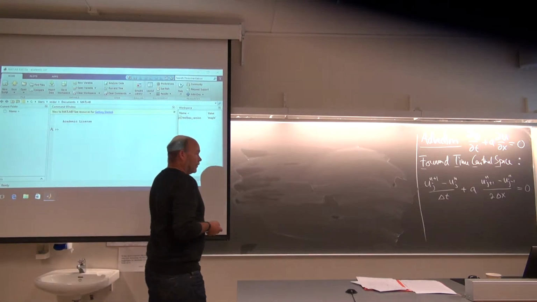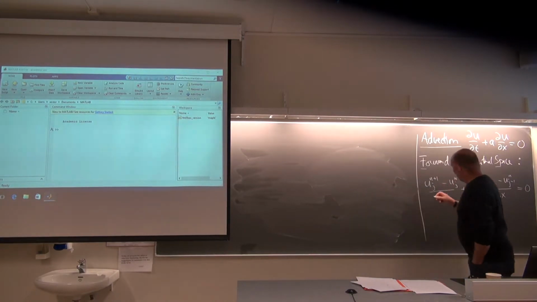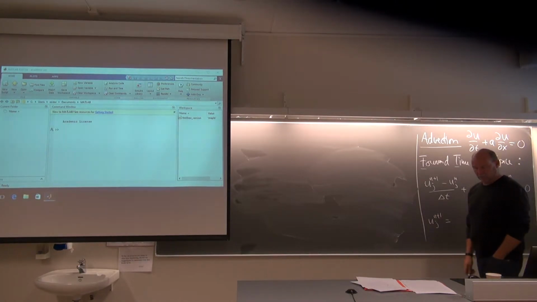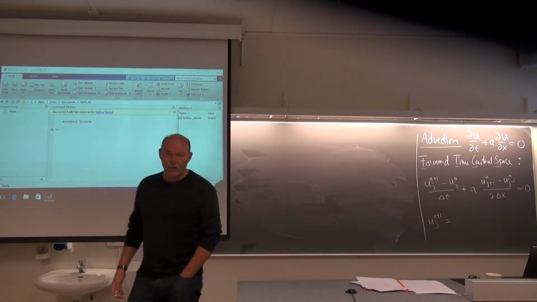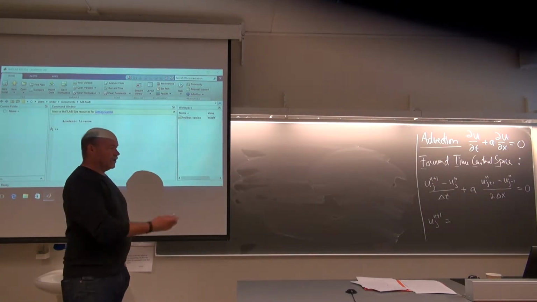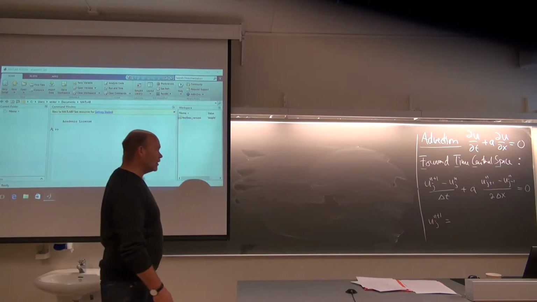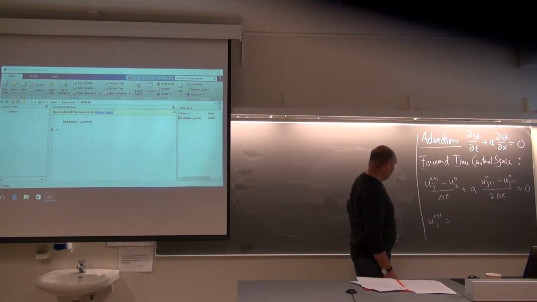Now we write this on the form u_j^(n+1) equals. This is an explicit formula, so if you know everything at time level n, it's very easy to find what's going to happen at time level n plus 1. So what do we get?